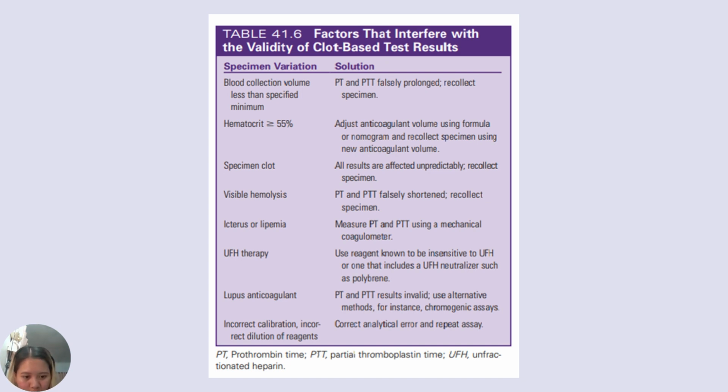For lupus anticoagulant, PT and PTT results are invalid. Use alternative methods, for instance, chromogenic assays. For incorrect calibration or incorrect dilution of reagents, correct the analytical error and repeat assays.